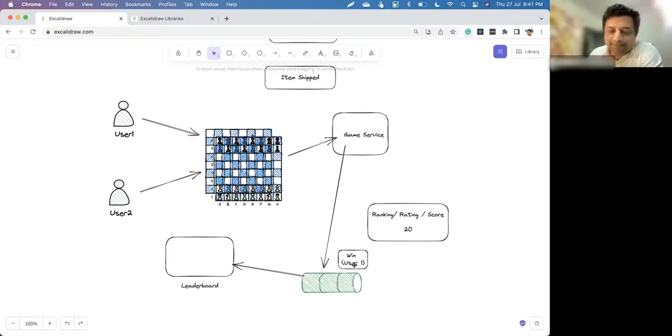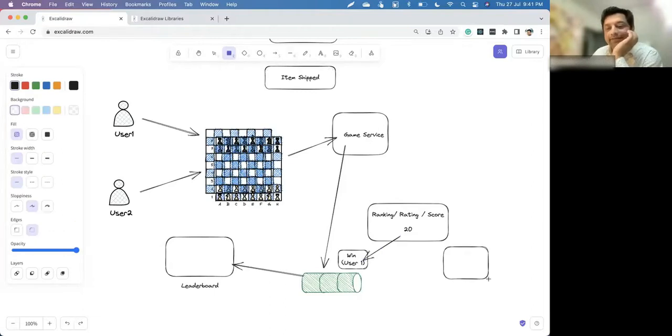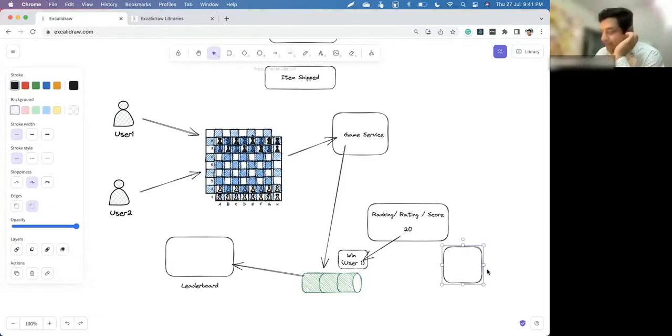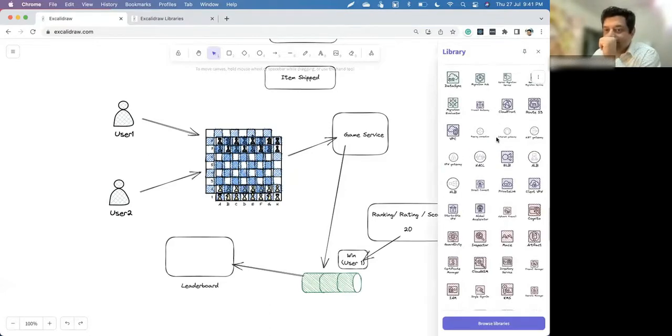Now, when this happens, the ranking service can pick up this message asynchronously and update the scores, right? And that means it can generate the leaderboards. So basically it may be maintaining a database with scores for all the users.